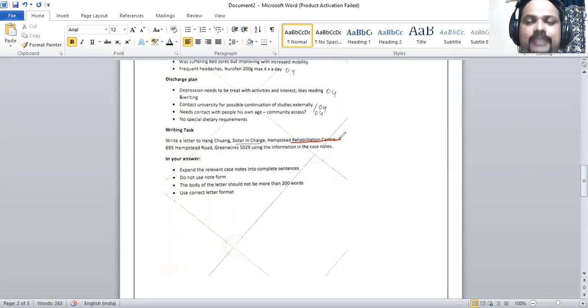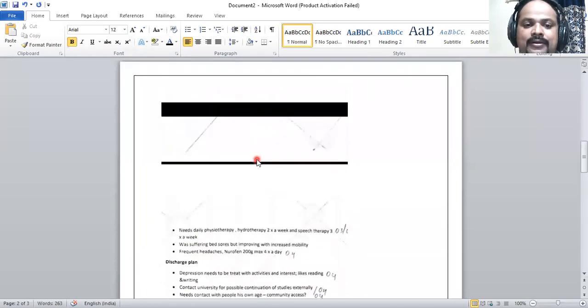So these are the things we need to include in this letter. That's the rationale, but this all depends on the case note which is presented. So let's go ahead.